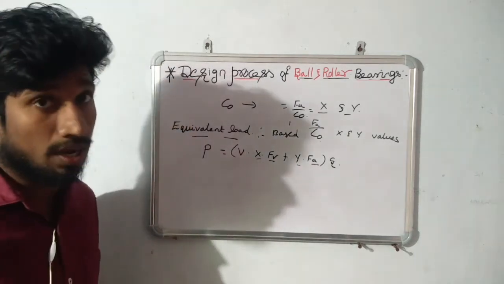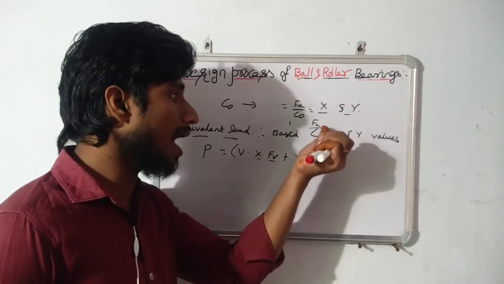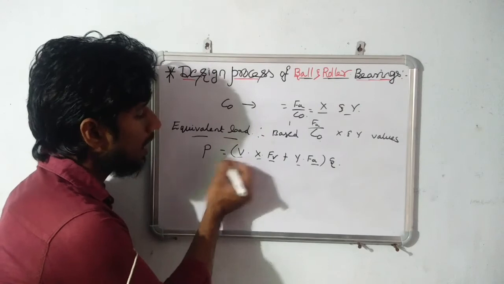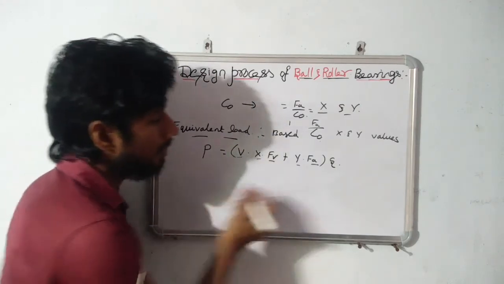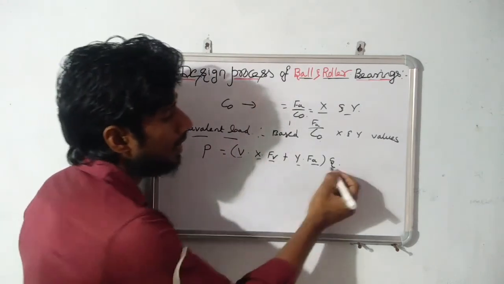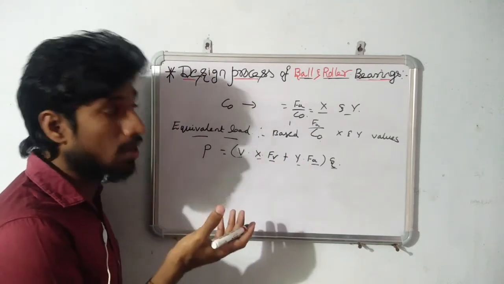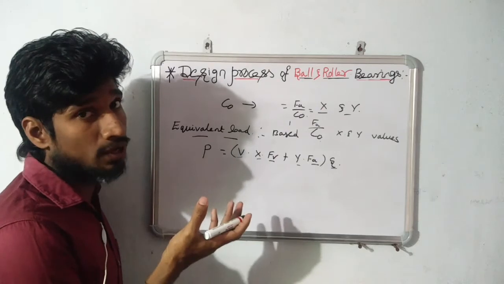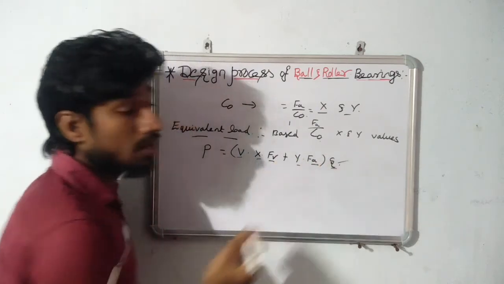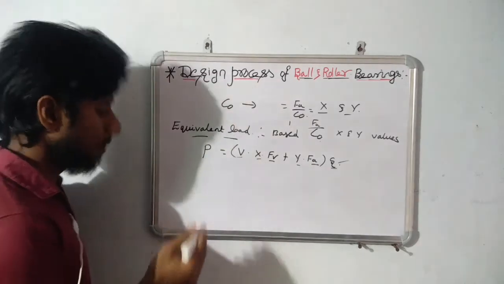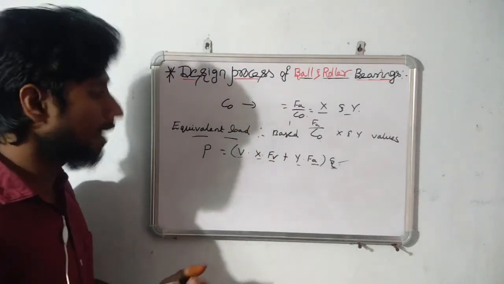The x and y values vary here due to the axial load to static capacity ratio. And the race rotation factor is common, that means it is constant here, and the service factor is also constant. Why? Because the applications are common, whether it is a steady load or a heavy load. So that's why the service factor is also constant here. So this is about the equivalent load.